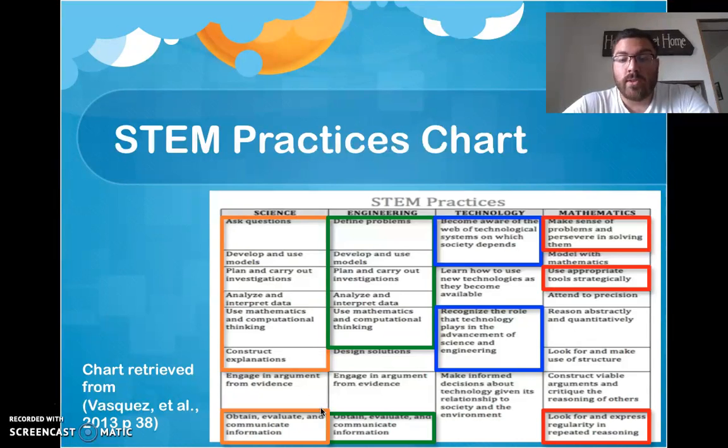Technology, we use the different components of the thermometers as well as the timing materials to actually time how long it took each balloon to inflate, and also mathematics in terms of timing, and then calculating the difference between those times to see which one is the fastest and what the difference was, in once again determining that optimal location. So as you can see, this activity really covers a vast majority of the 4 disciplines that go into STEM.